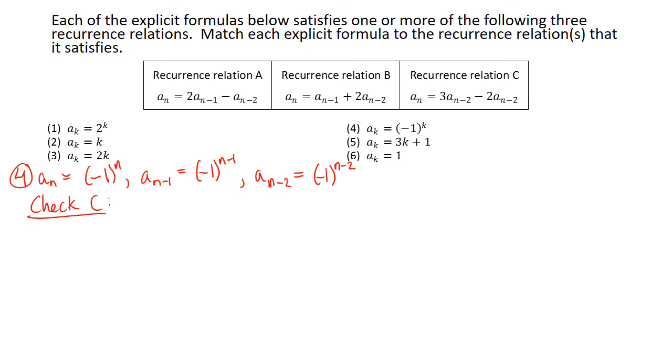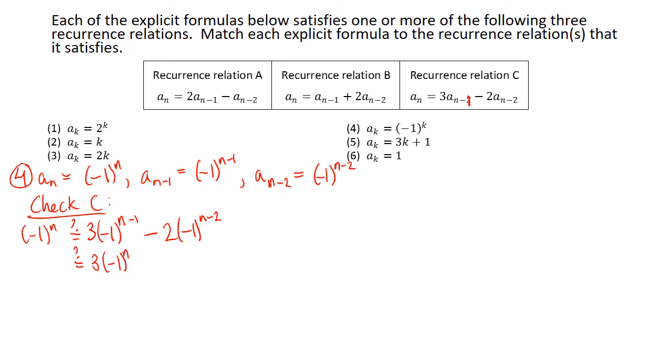The left side of C, and again this was a typo, so the left side will be -1 to the n, and then we're checking if that equals -1 to the n minus 1, oops, I forgot the 3, minus 2 times -1 to the n minus 2. I think what I did in the last part was a pretty good way of approaching this, so let me use that little trick again, where I split off the powers like this.